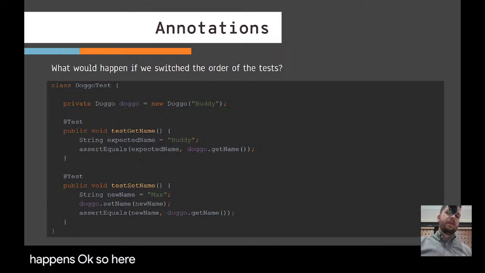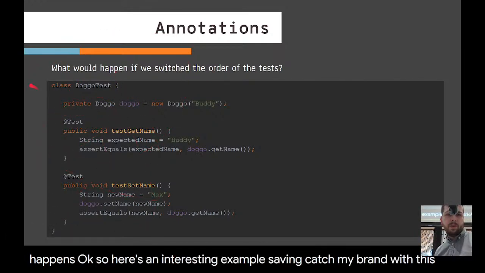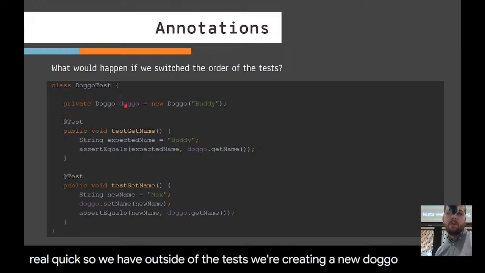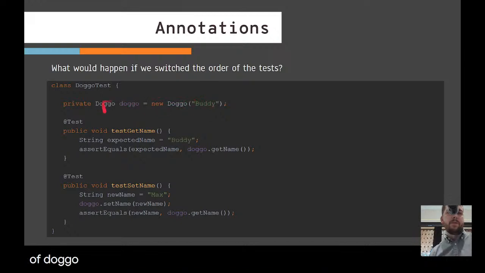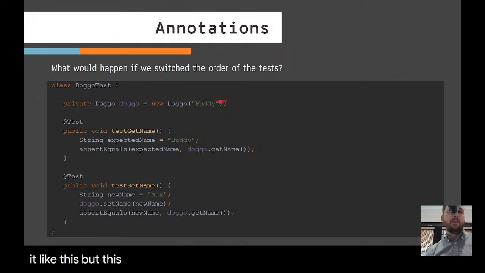Okay, so here's an interesting example. Outside of the tests, we're creating a new instance of Doggo. Doggo's name is Buddy. This is probably not a good strategy, but this developer just chose to create this context right here outside of the tests.